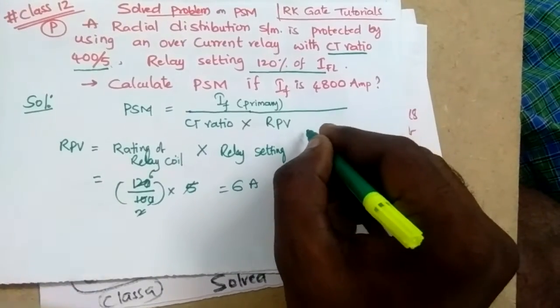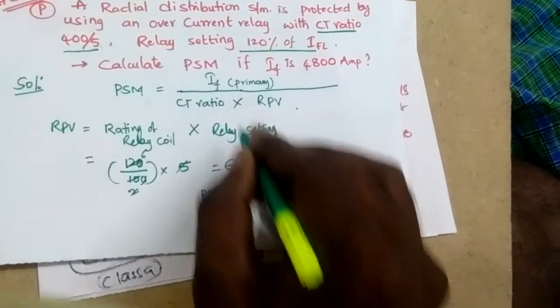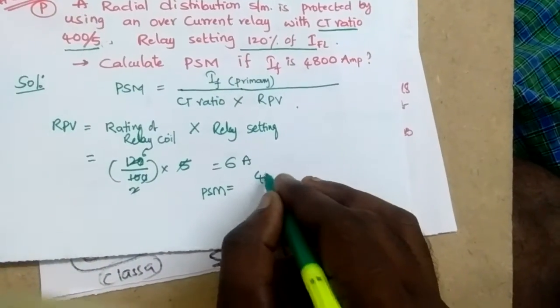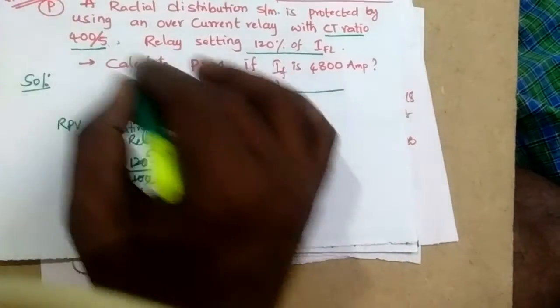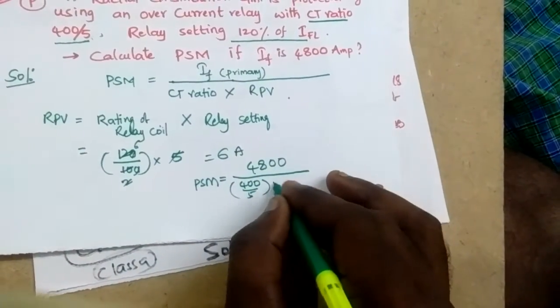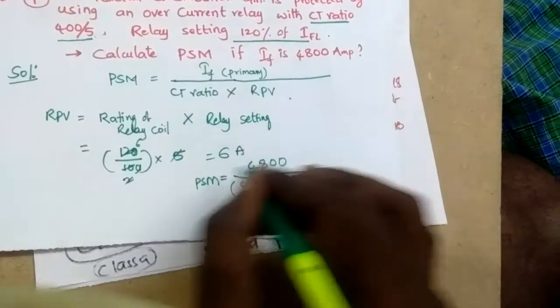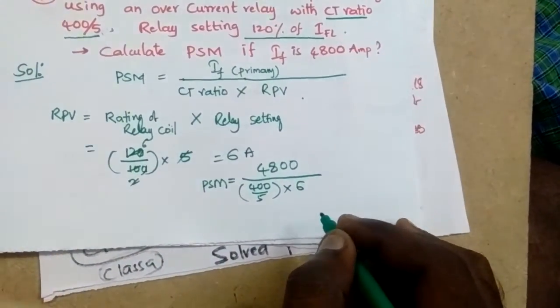Now here I am directly writing. Let me write PSM. PSM is fault current, given as 4800 amps, by CT ratio, already given, that is 400 by 5, multiplied by the relay pickup value, which you got as 6.